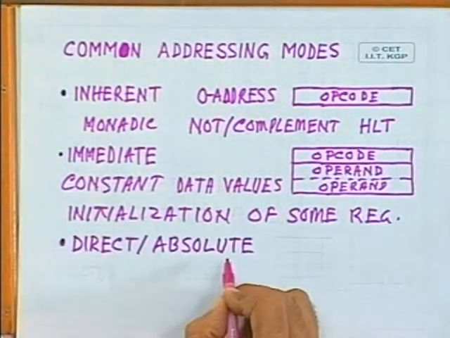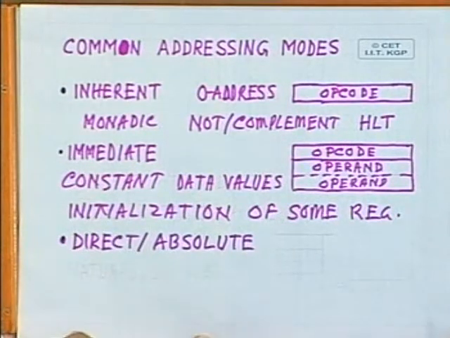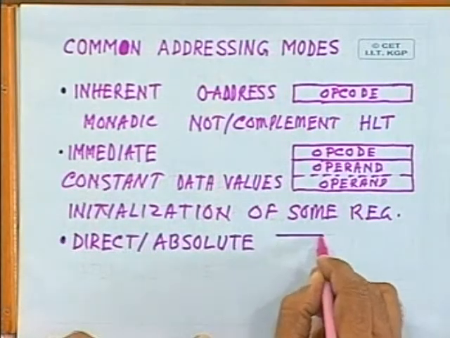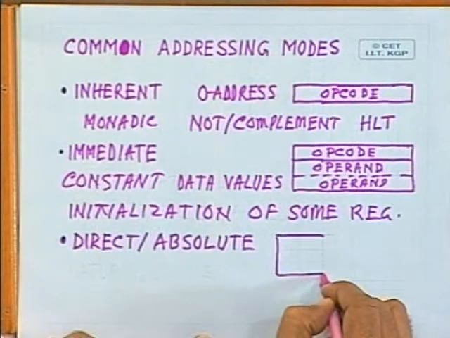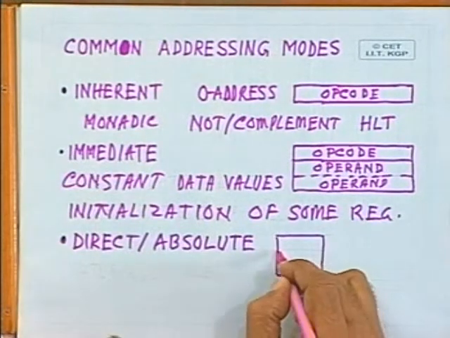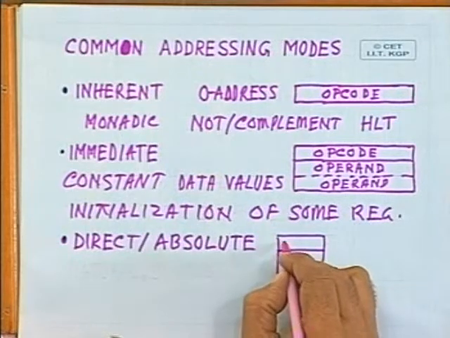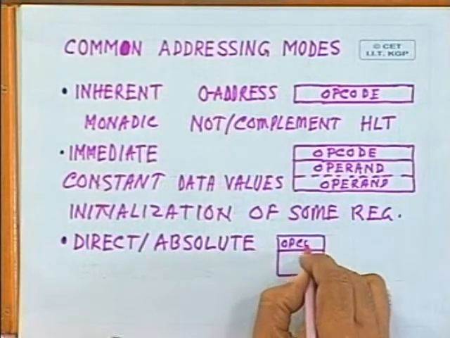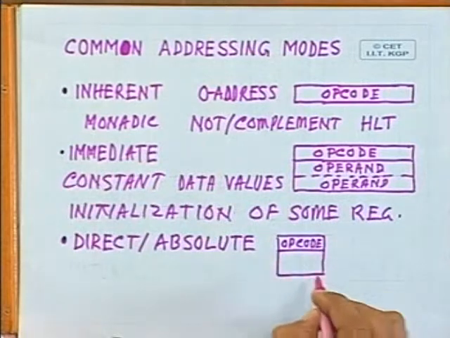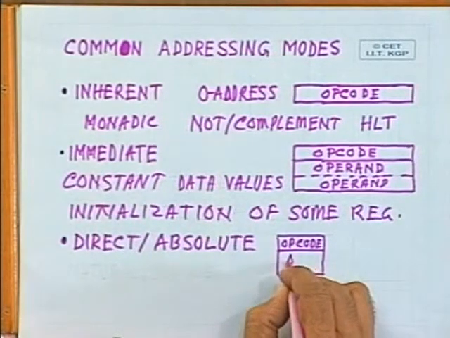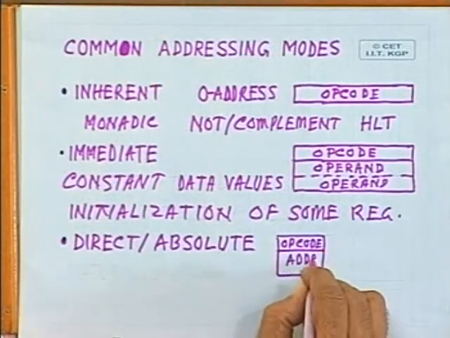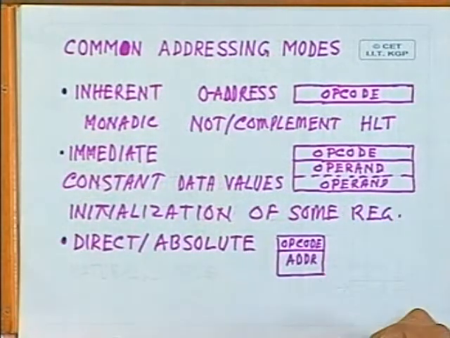In this direct or absolute addressing mode, the address is provided as part of the instruction itself. That means here is your opcode, then you are providing the address of the operand as part of the instruction.